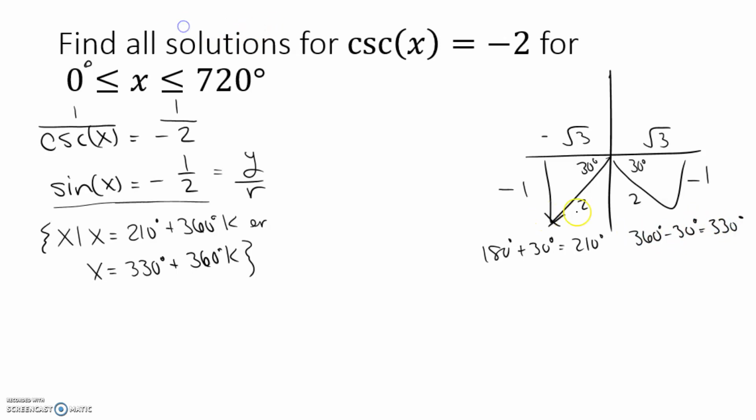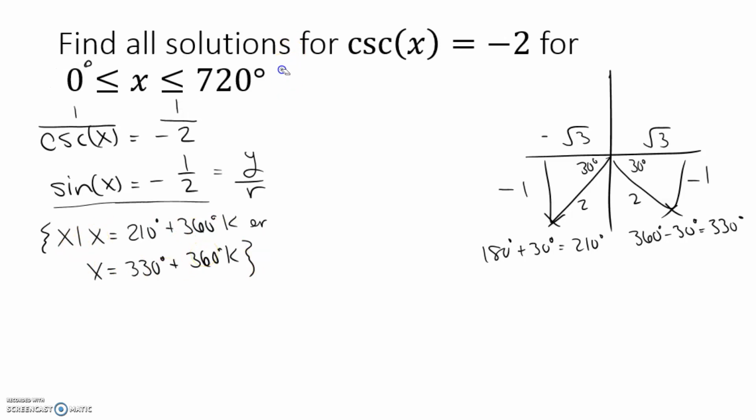So we have an answer here and here. Okay, so this is not going to be my final answer right here because I'm looking for all solutions, but within this interval right here. If I got rid of this interval, then yes, this would be our final answer.